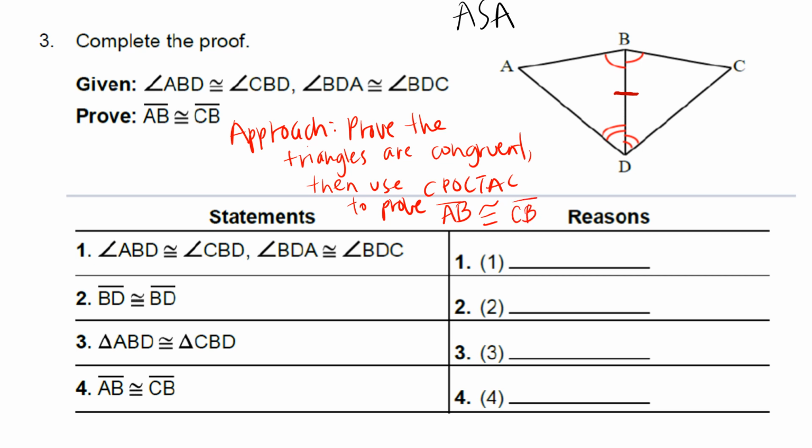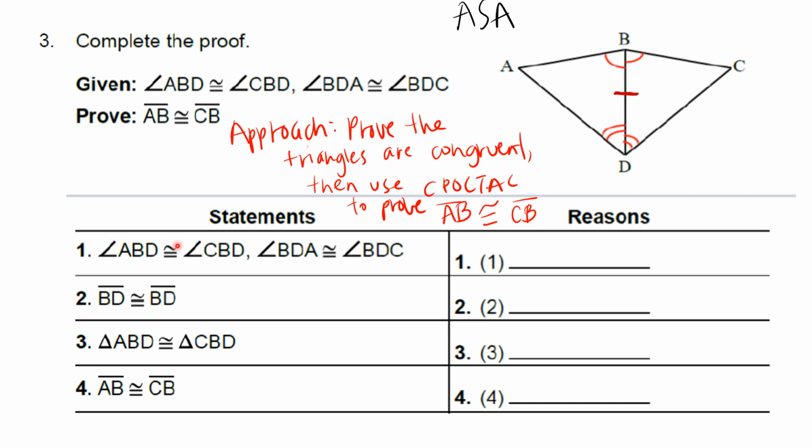Sorry for the sloppy handwriting. Okay, so that's going to be our approach. We're going to try to prove that these triangles are congruent. Then we're going to be allowed to use CPCTC, which is going to allow us to quickly prove that corresponding parts of congruent triangles are congruent.